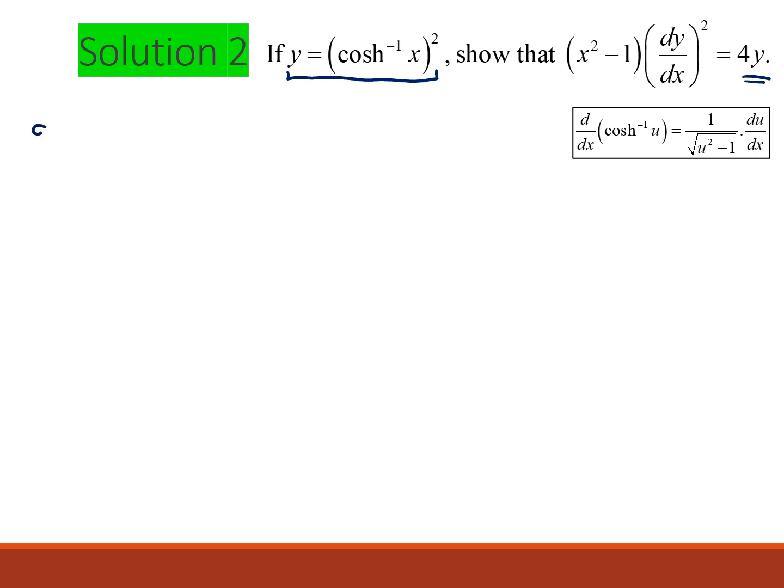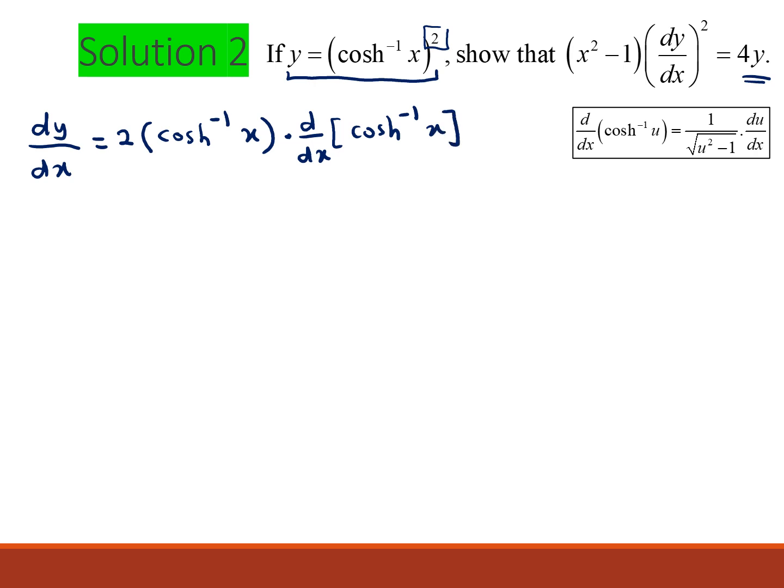Okay, now the first thing is you have to find the dy dx of this, where this is to the power of 2. So we can differentiate the outer function. So this will be 2, and the inner function will remain, which is cos hyperbolic inverse of x to the power of 2 minus 1, which will be 1, times the derivative of the inside function, which is cos hyperbolic inverse of x.